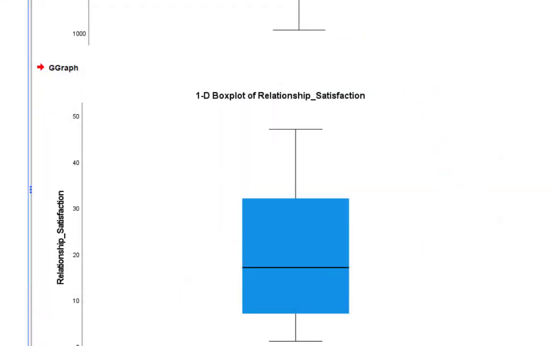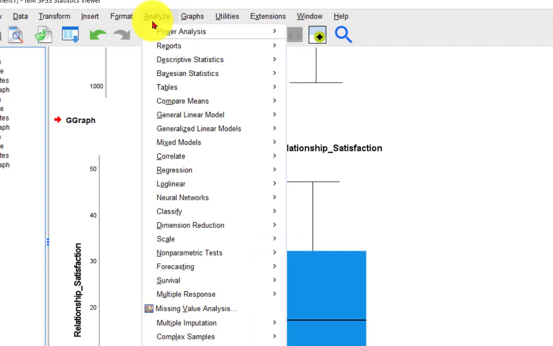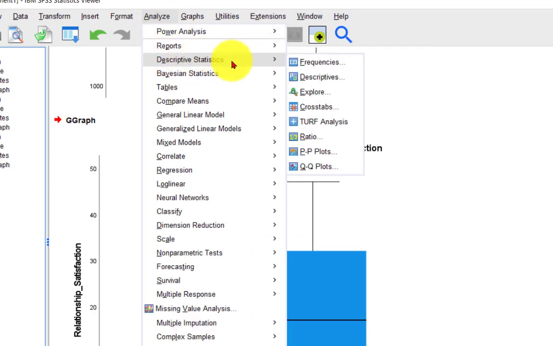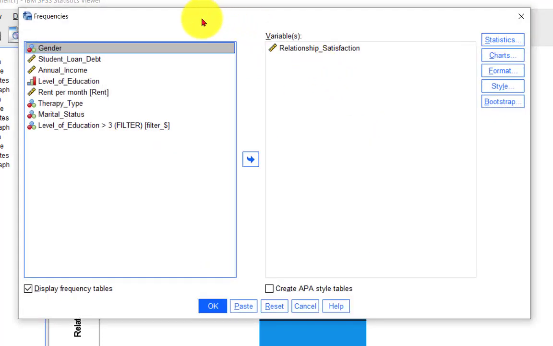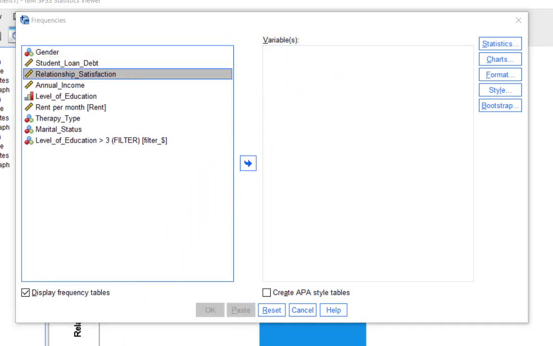Now, having set those parameters, we can simply go to Analyze and pick any one of these, right? Frequencies, descriptives, explore, they all give you the same information. But I'm going to just go to frequencies, and I already forgot what the question was.